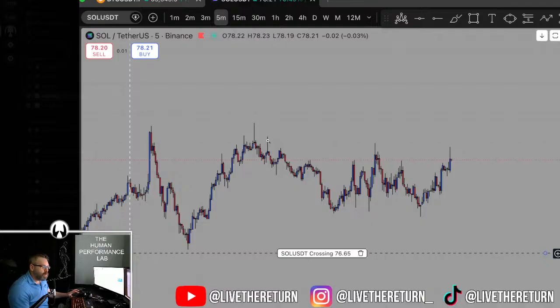That's your confirmed rejection. Even though delta is going up, price action is not continuing that. If delta is going up here, price action's continuing going up. But here, price action's not continuing up because buyers aren't aggressive at the highs.